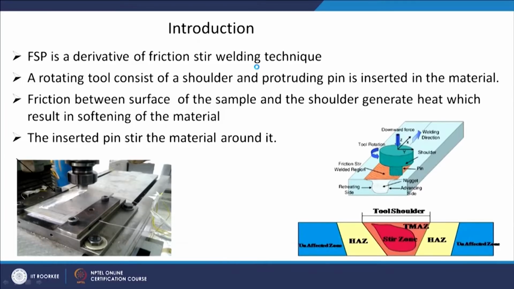So, looking at the friction stir processing technique, again a very simple technique. If you have a milling machine in your lab or your department, you can use it very easily. Basically you need a vertical milling machine.